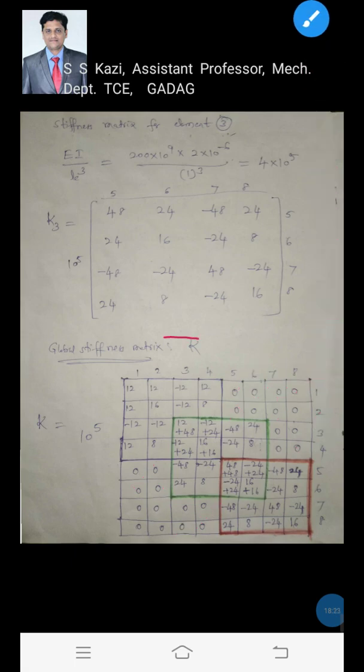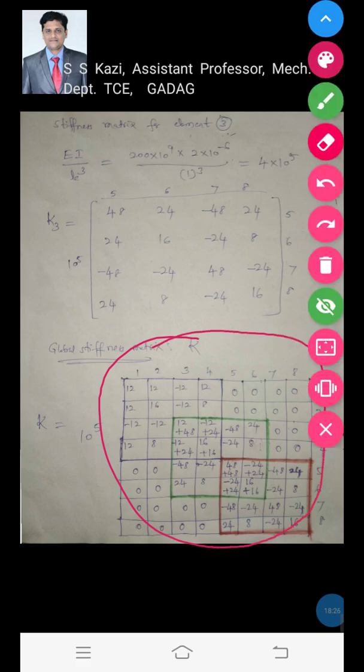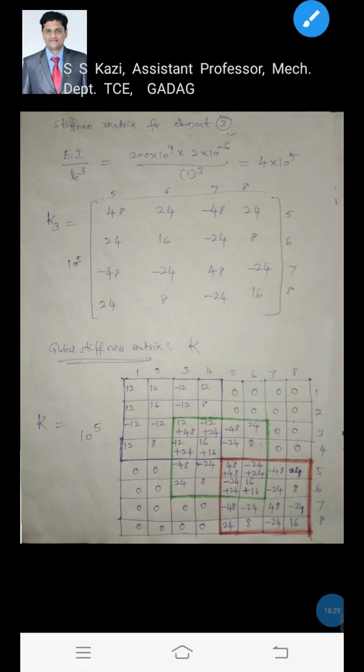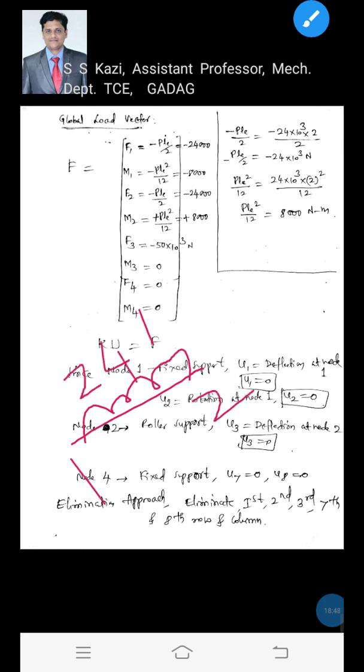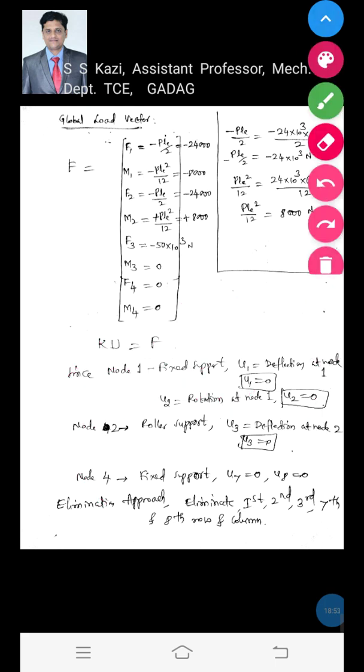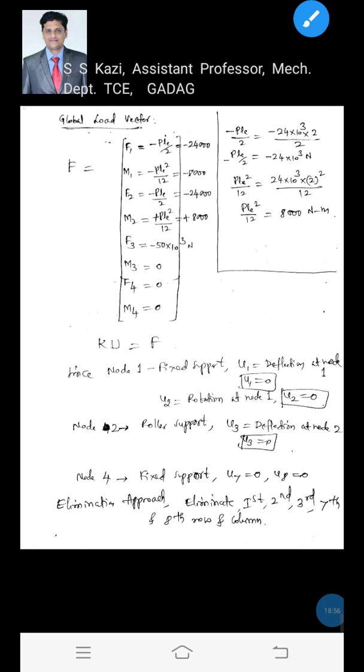And next, once you get this global stiffness matrix of the order 8 cross 8, come to the global load vector. Here you can observe how the global load vector has to be found out. Since in the problem given, the first element is subjected to a UDL of 24 kilonewton per meter, in the load vector, for each node you should write applied force and applied moment.